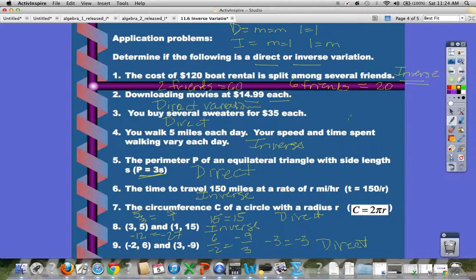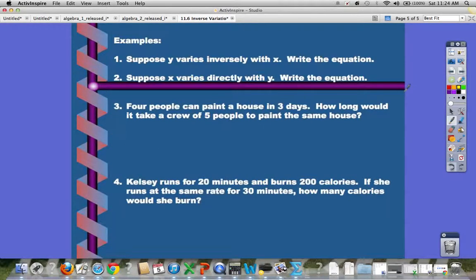Okay? All right, and I think I have one more slide. Suppose y varies directly with x. Okay, write the equation. So it says in there that it's an inverse variation. Inverse variations are y equals k divided by x. So it says, suppose y varies inverse with x, write the equation. There you go.